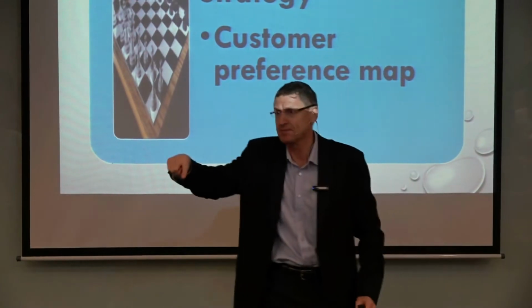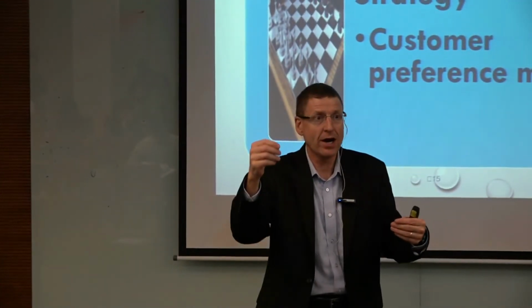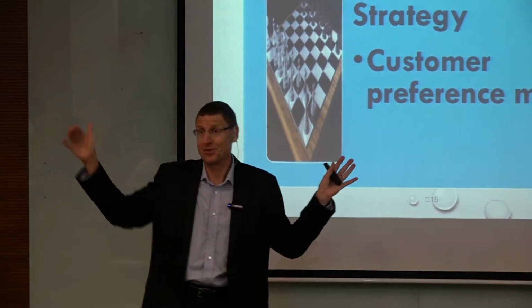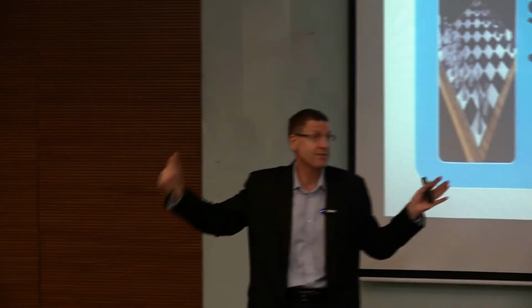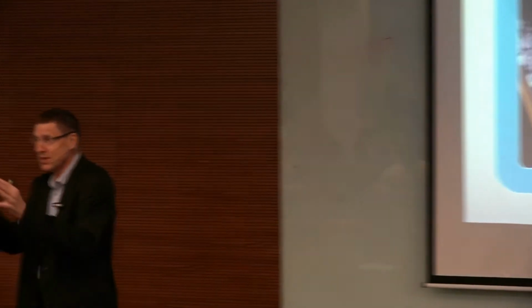Customer preference map. Let me help you. Let me give you a layman's idea of what it means. Basically, it's a map of what customers rate the highest in terms of why they purchase your product. That's all. Whether it's cost, quality, delivery, speed, features, and you just map it, put it on a map.